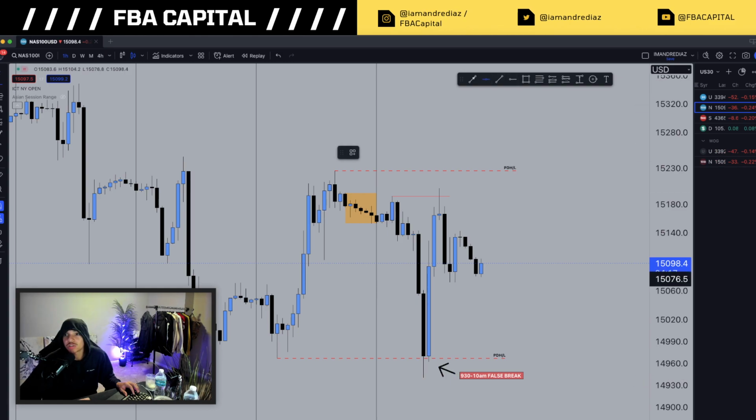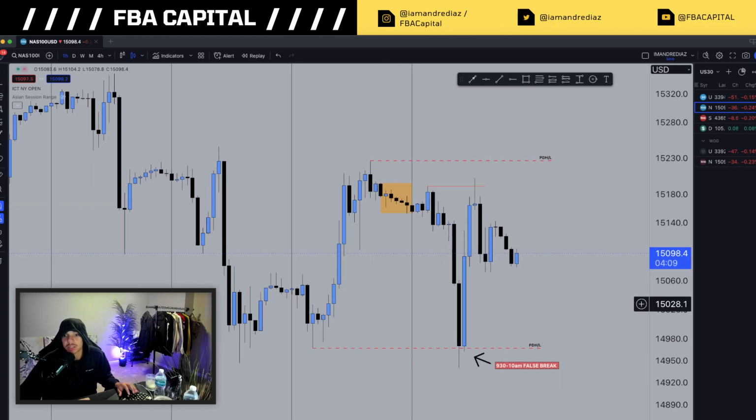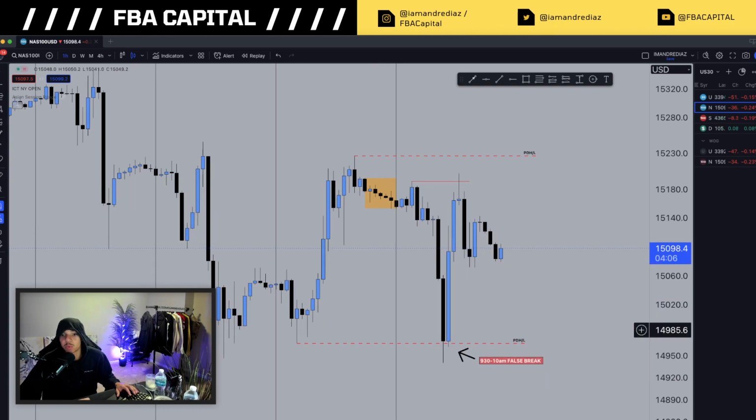Now you could also say maybe it was this 1550 level, like right here, but I'm not gonna lie, that wasn't really anything I was paying attention to at the time. The main thing that I was paying attention to was that we were running an area of important liquidity. Where's the liquidity? In this case, it's below this previous day's low, meaning there's just a lot of money orders stacked below this area. What happened?